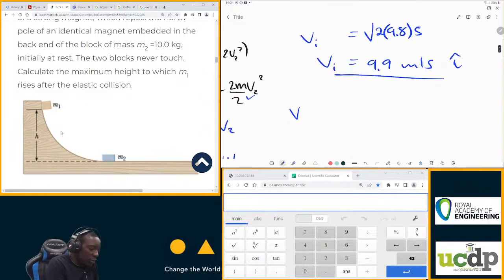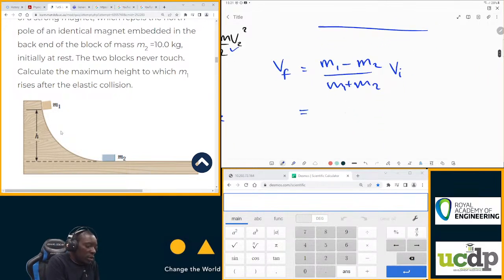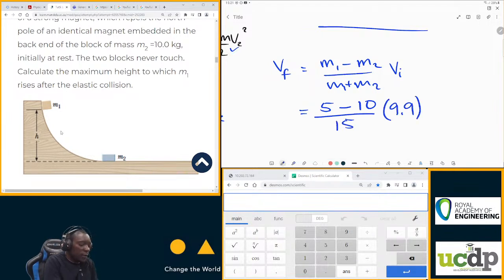V final will be M1 minus M2 over M1 plus M2 multiplied by the V initial, such that M1 is the mass of the block, which is 5 kg, M2 is 10 kg, over 5 plus 10, 15, multiplied by 9.9 meters per second.